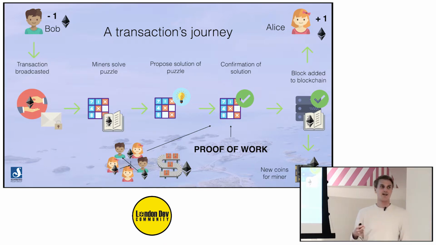And when a block is added to the transaction history, then Alice got her Bitcoin, her Ether. It's no longer at Bob's. And the miner which found the block is allowed to grant themselves new Ether. And that's where the money supply comes in. So there is no central bank, there's just computers competing in this game.